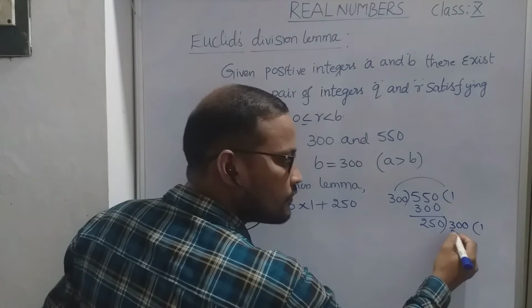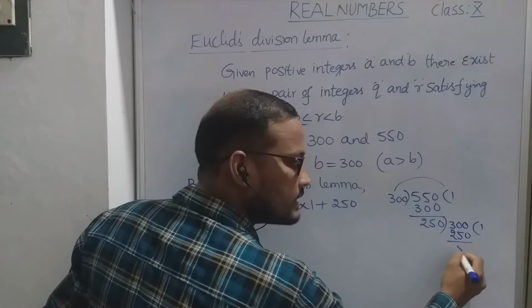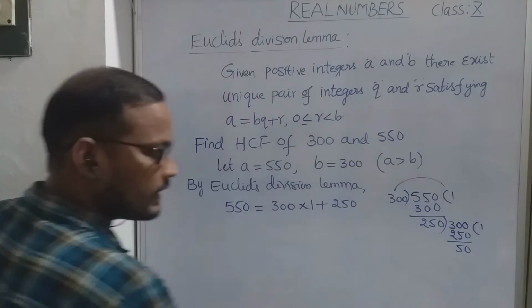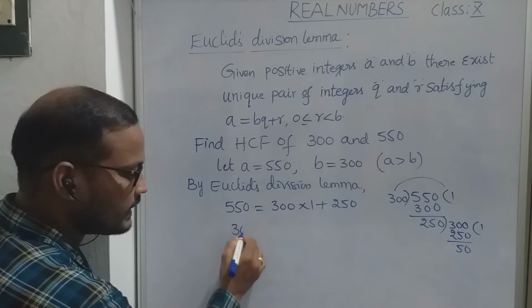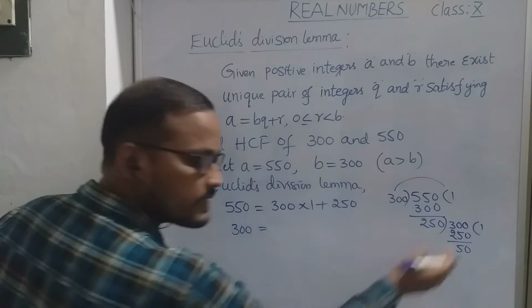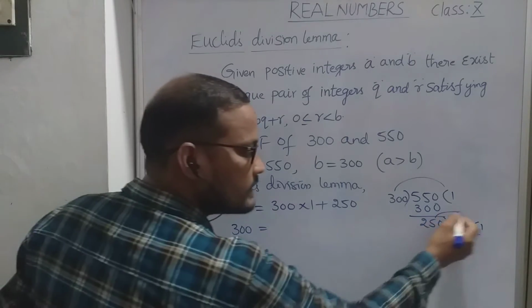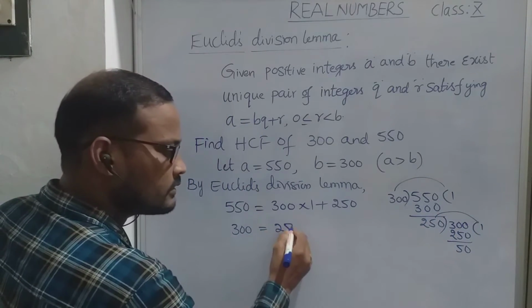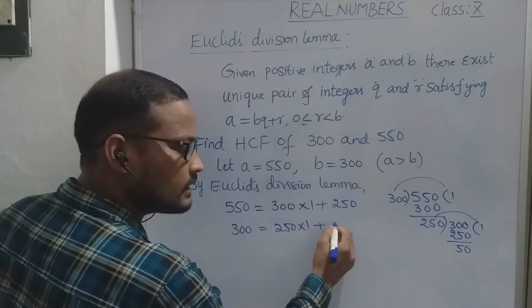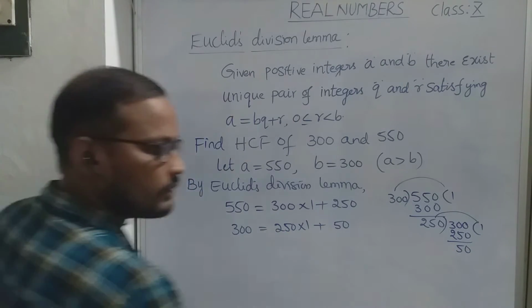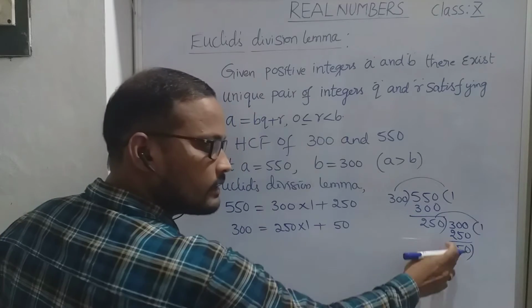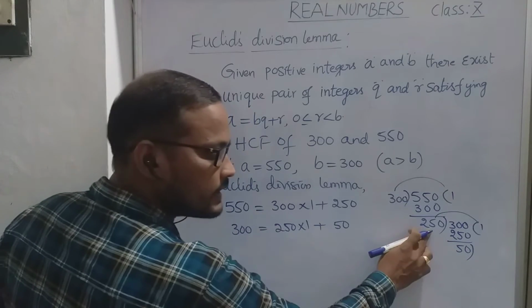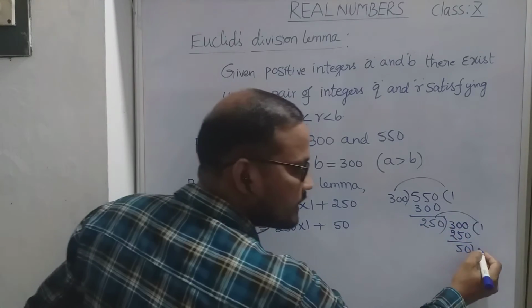So 1 into 250, remainder is 50. Dividend 300 is equal to 250 into 1 plus remainder 50. Now this remainder is taken as divisor and 250 as dividend.